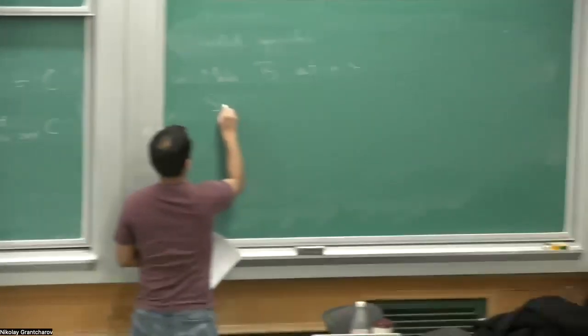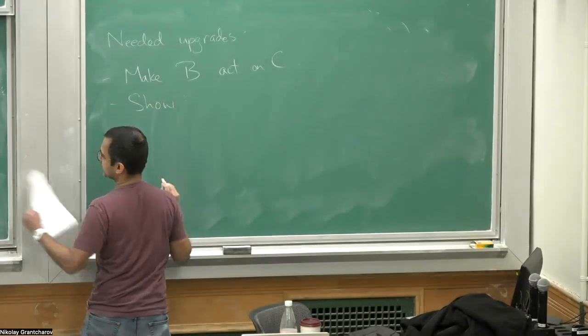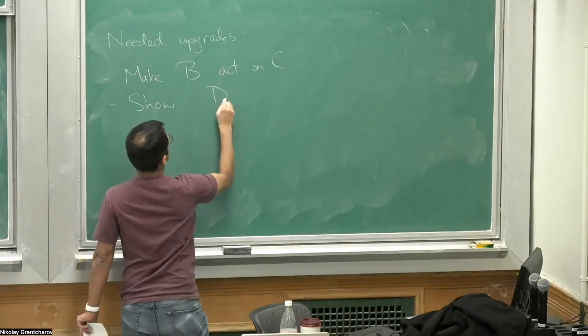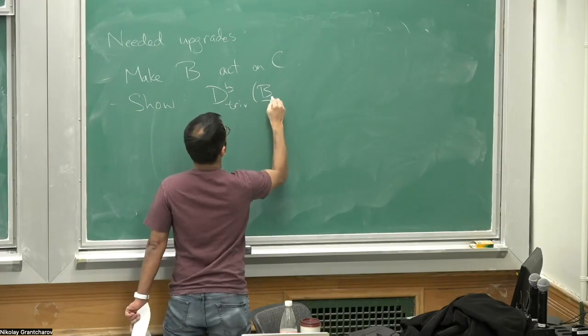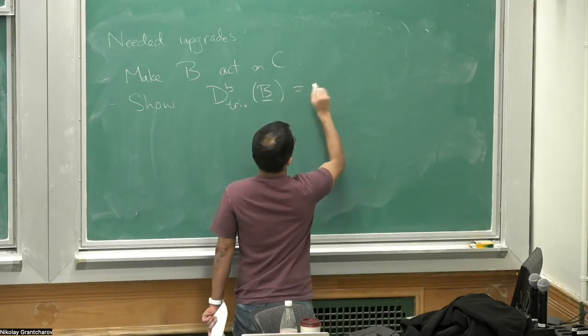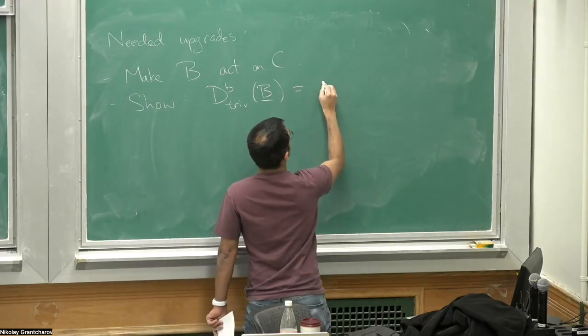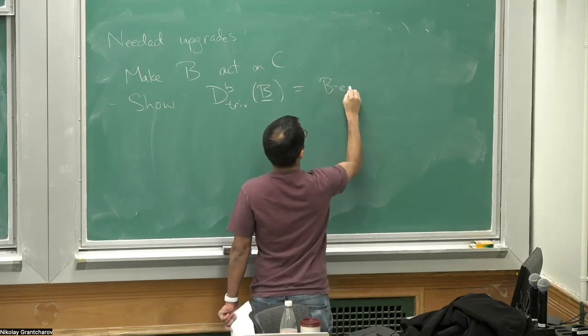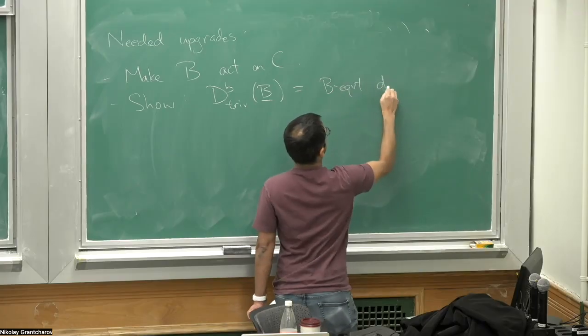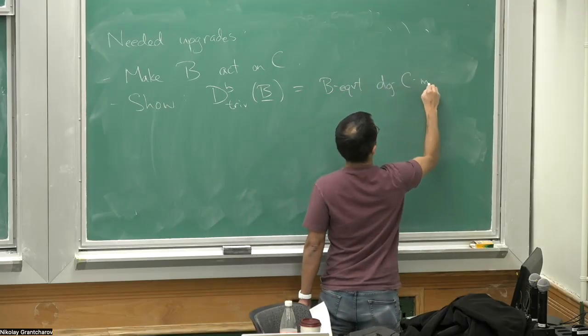Then we need to upgrade this to something like D^b triv of B underline equivalent to the category of B-equivariant DG C-modules.